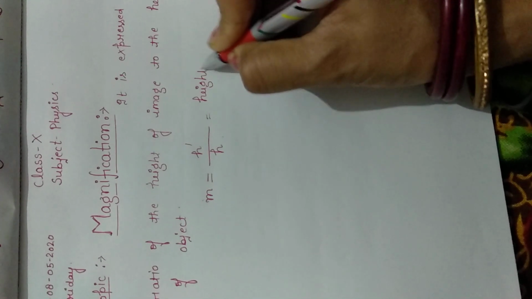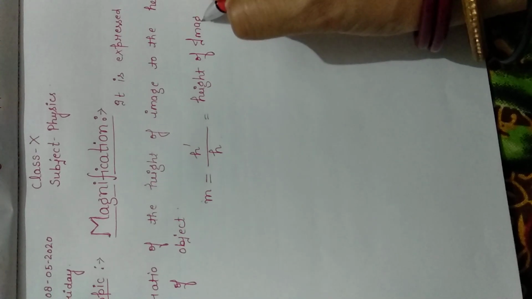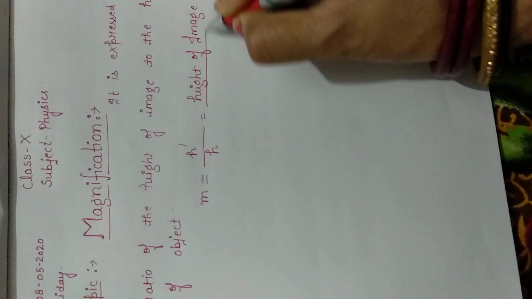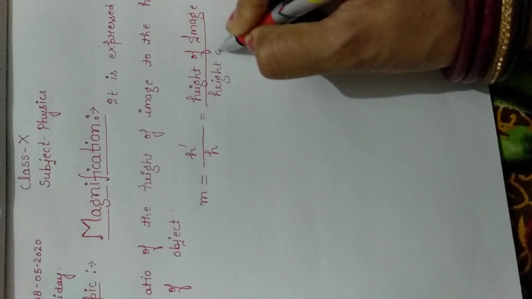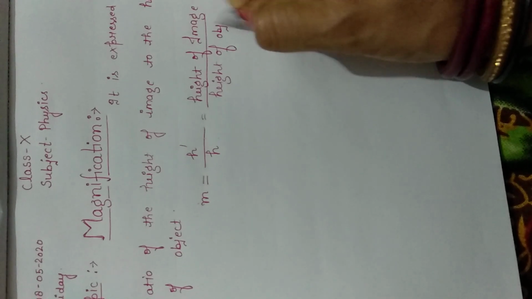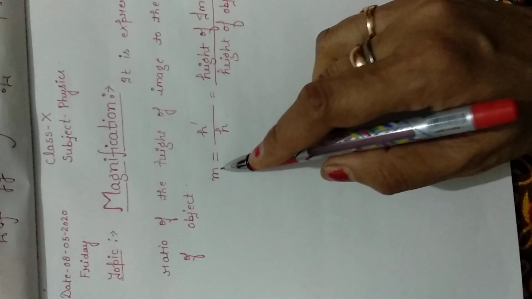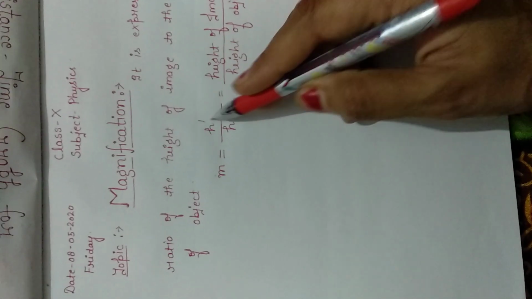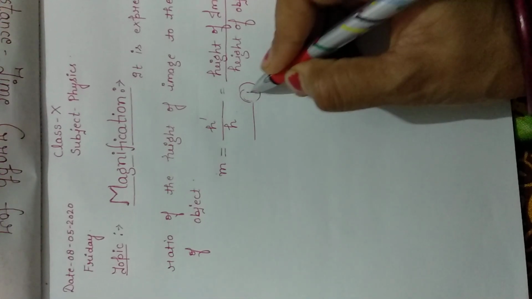It stands for height of image. And what does h stand for? h stands for height of object. So if h dash is the height of image and h is the height of object, then magnification m is equal to h dash upon h. Let it be equation number 1.